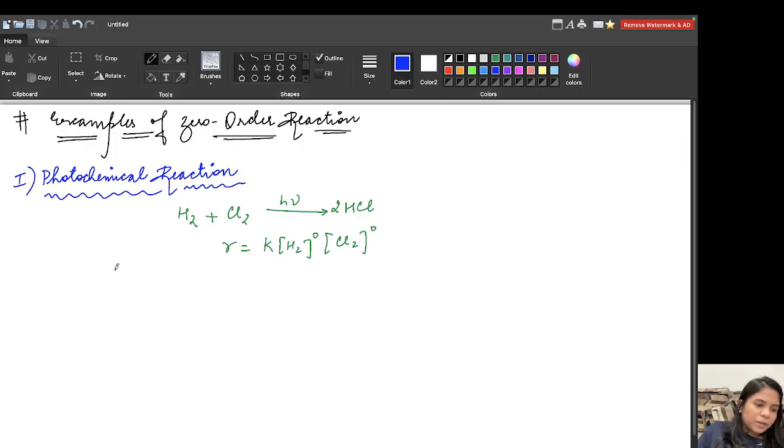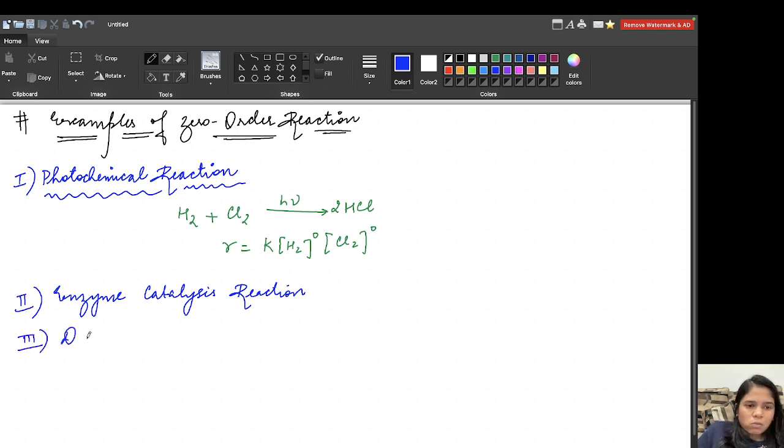The second example can be your enzyme. Any enzyme catalysis reaction can also be zero order. And the third thing is dissociation of gases on a solid surface.